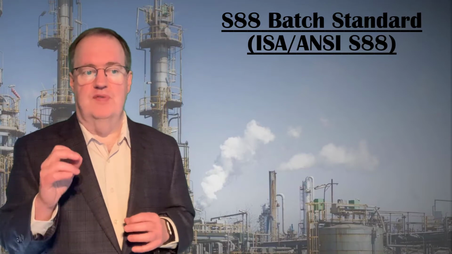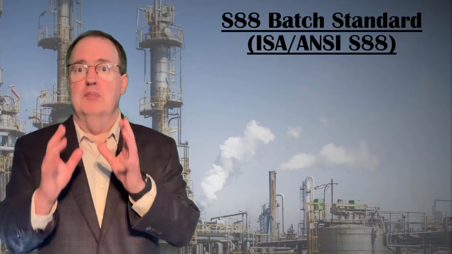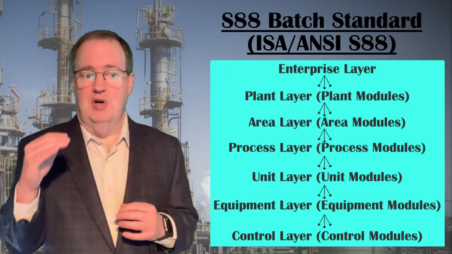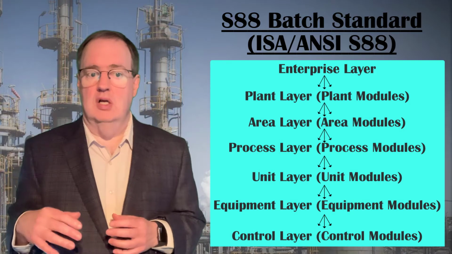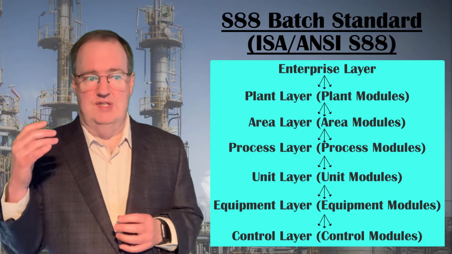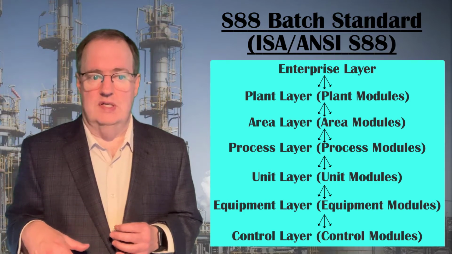It allows us to divide batch sequential logic into bite-sized pieces that are much easier to deal with. There are 7 layers of abstraction to the S88 model, ranging from enterprise, plant, area, process, unit, and equipment, and down to control device.